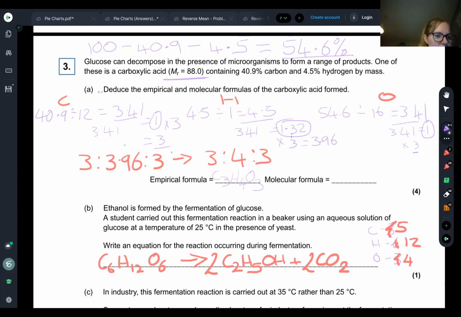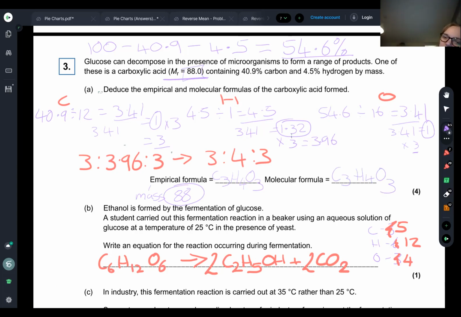And then 3 times 16, 48. So 40 plus 48 is 88. So the mass for our empirical formula is 88. We've already been told that our molar mass is 88, which means that our molecular formula is identical, C3H4O3, to our empirical formula.